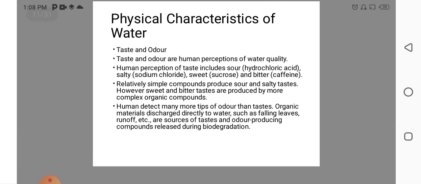Taste and odor. Taste and odor are human perceptions of water quality. If it is sour, it is said to contain hydrochloric acid; salty, sodium chloride; sweet, sugars; bitter, caffeine.